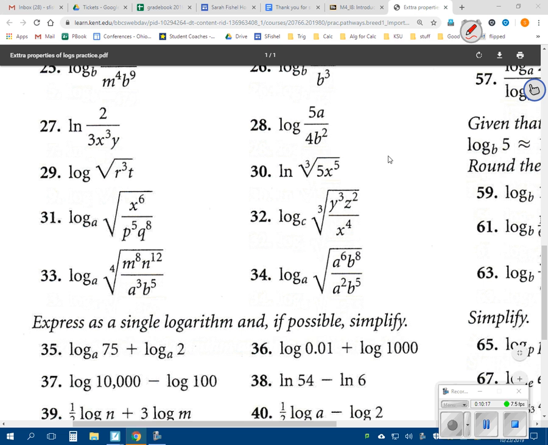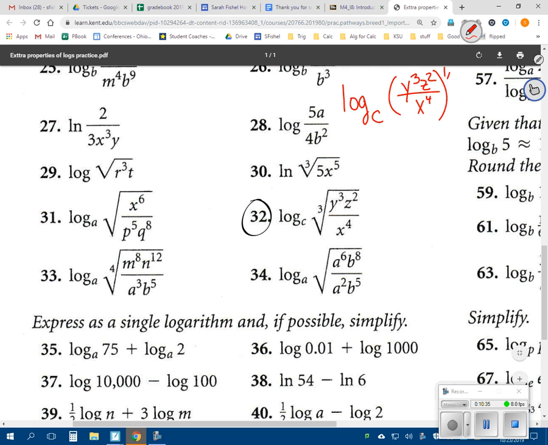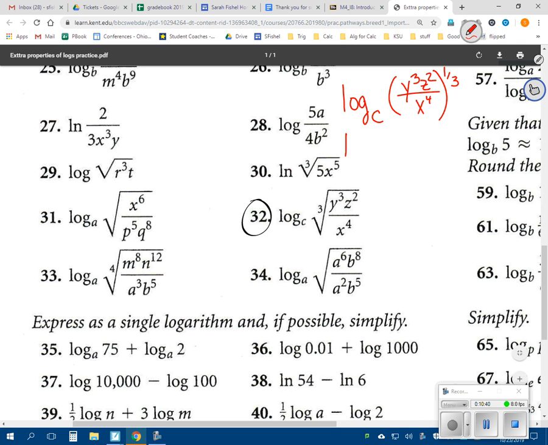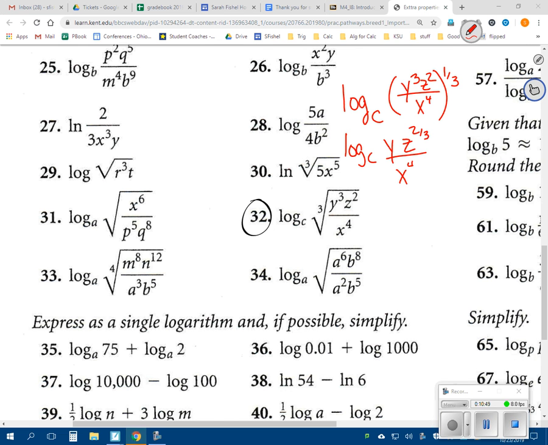Now let's do one of these radical ones. Let's do 32. So the first thing I would recognize is that I could rewrite this as the radical being an exponent. So this would all be to the 1/3 power. So then what I would do is I would actually put that 1/3 power on everything. So I would have y to the first power, z to the 2/3 power, and x to the 4/3 power.